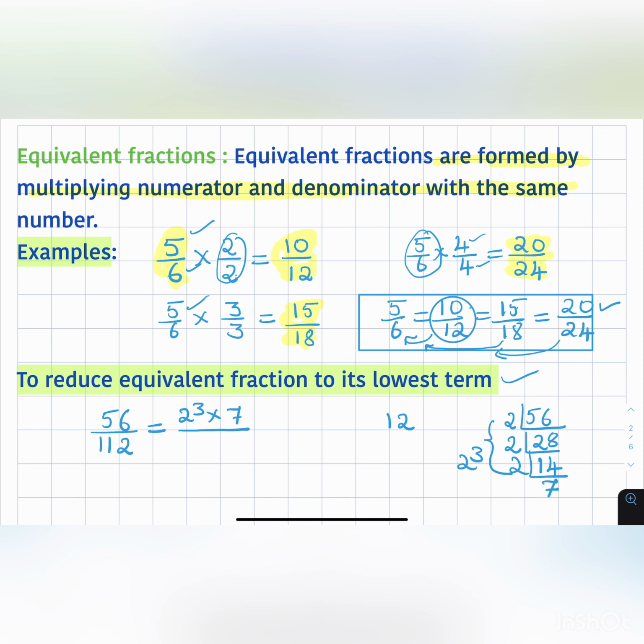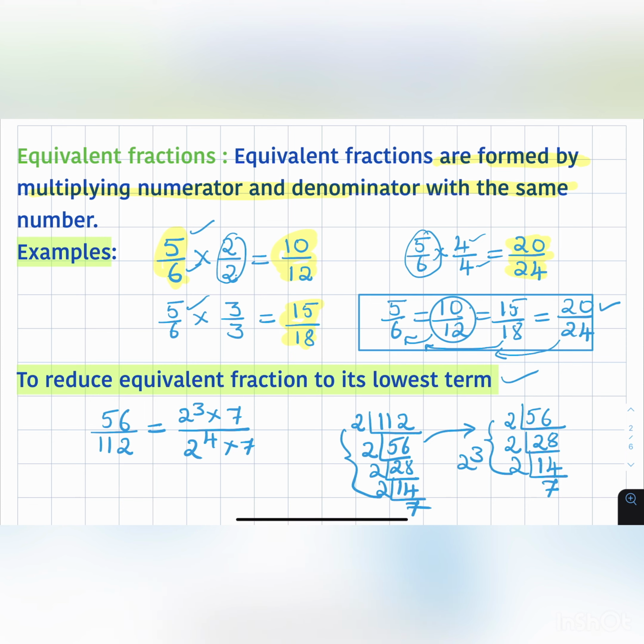In the same way, it is also an even number. So 2 fifty-sixes, and now 56, same thing, 2 twenty-eights, 2 fourteens, 2 sevens. So this is 2 power 4 into 7.